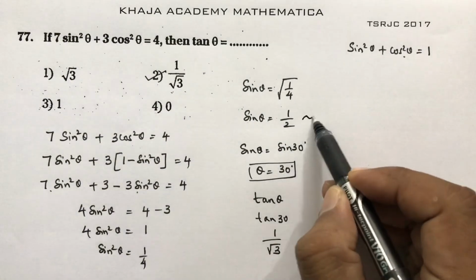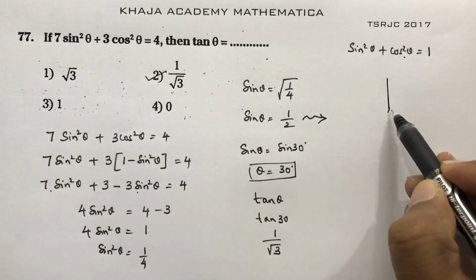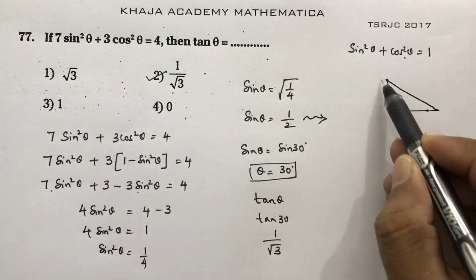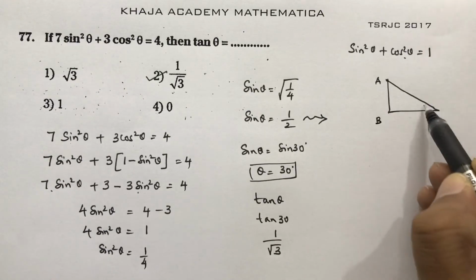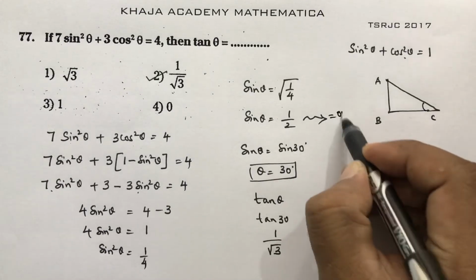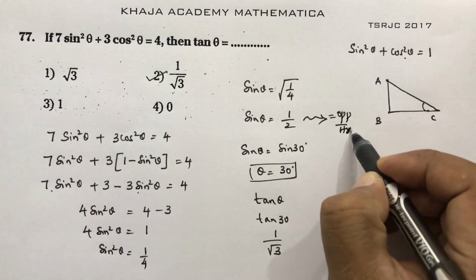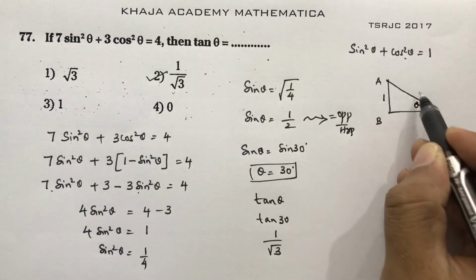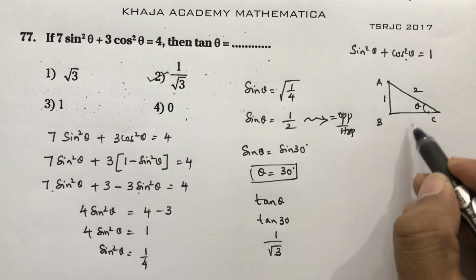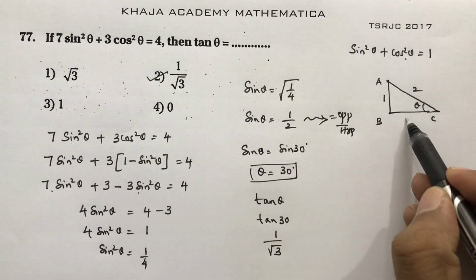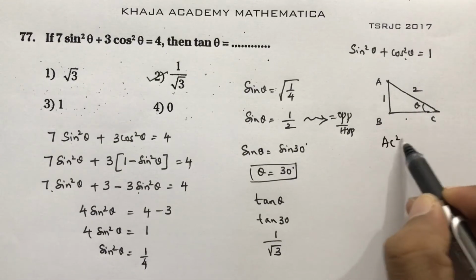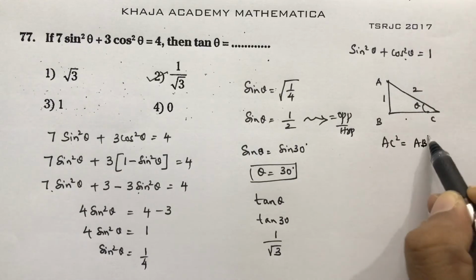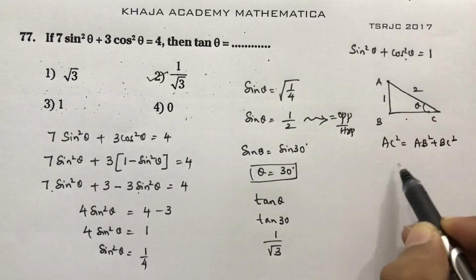Or otherwise you can use another way: the Pythagoras theorem. Triangle ABC. Sine theta is opposite by hypotenuse, so this is 1, this is 2. Tan theta is opposite by adjacent, so we need to find the adjacent. AC square equals AB square plus BC square.